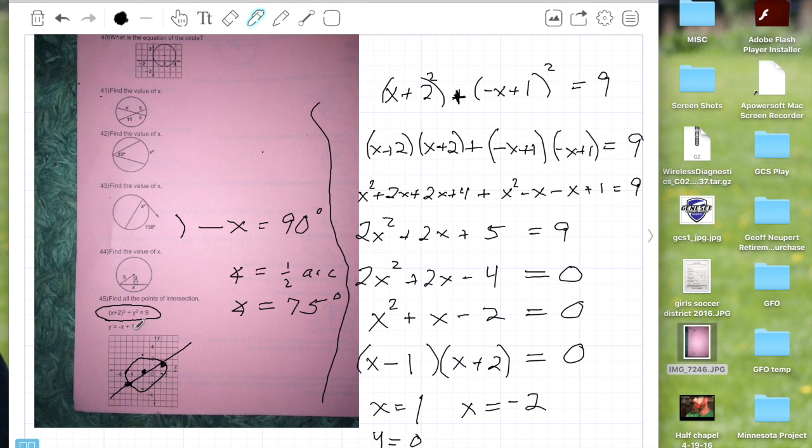So I'm plugging 1 into this. I'm going to plug a negative 2 in, so it's going to be negative negative 2, which is positive 2, plus 1, which is 3. So your points are, running out of space, 1, 0, and negative 2, 3. Those are your 2 points of intersection.